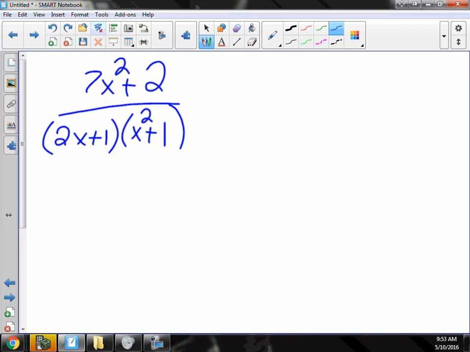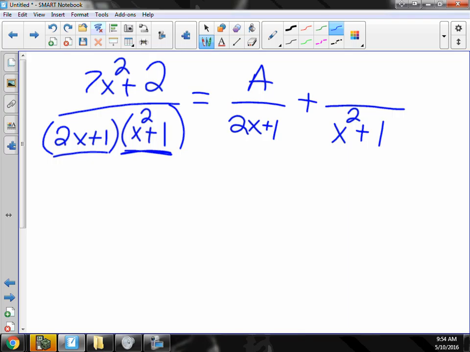Which is kind of confusing because sometimes when you have x squared, you end up with 2 partial fractions, and sometimes you only have 1. And if you can remember when you do each one, then the rest is just long. It's not difficult. So A over my first factor, 2x plus 1. And then my second factor is x squared plus 1.